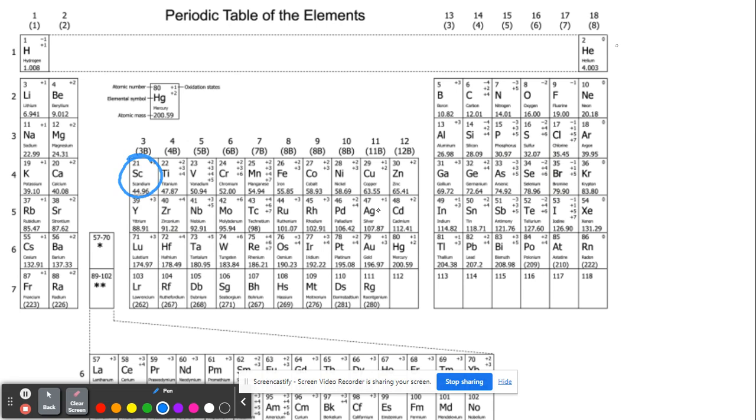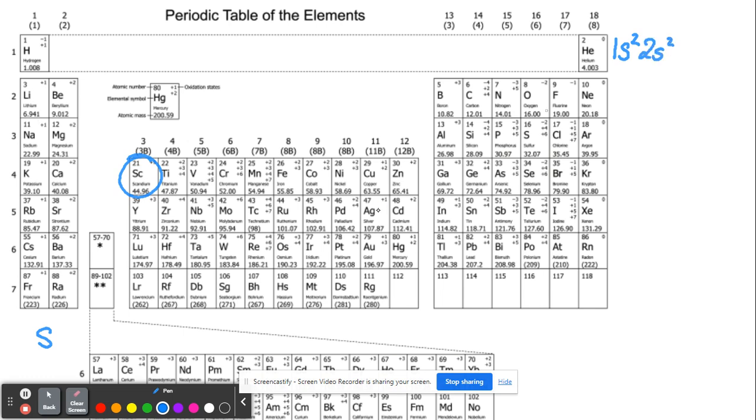So if I'm writing the orbital diagram for scandium, or the electron configuration for scandium, I know that I have 2 electrons in 1s. Then I look across. How many electrons fit in 2s? Well, this block is what we call my S block of the periodic table. So these 2 electrons are in 2s.